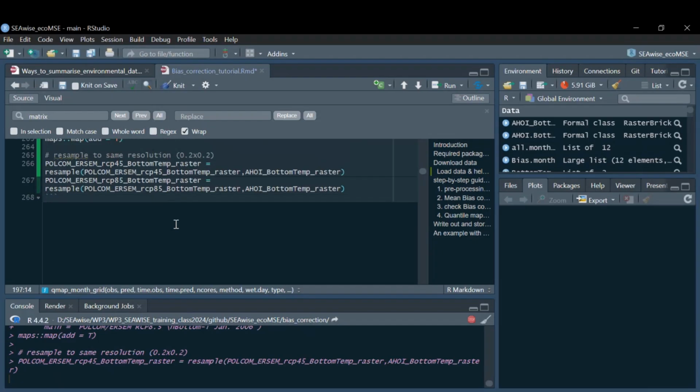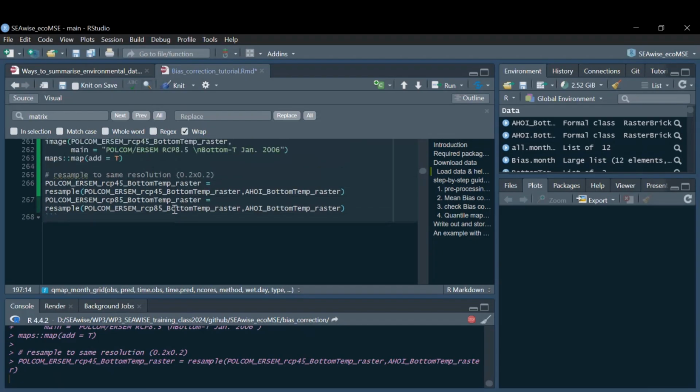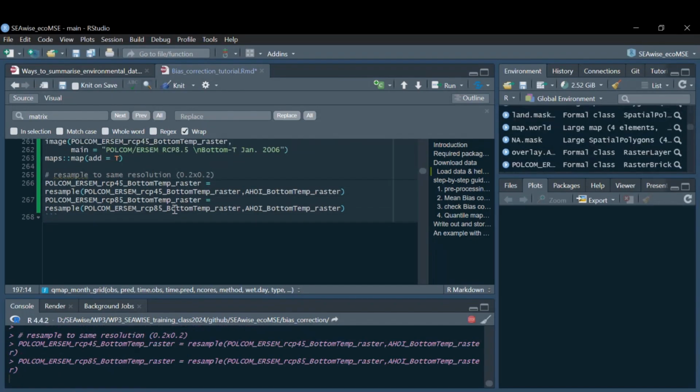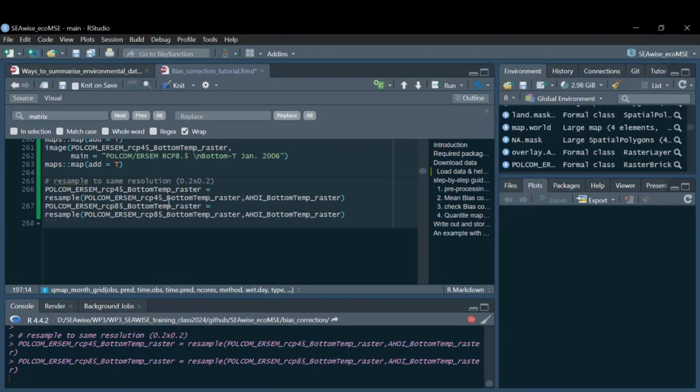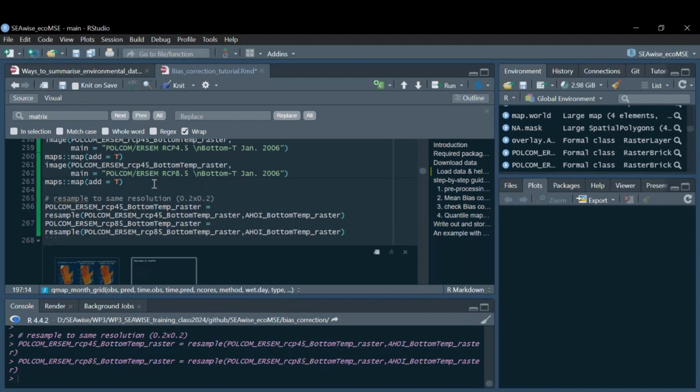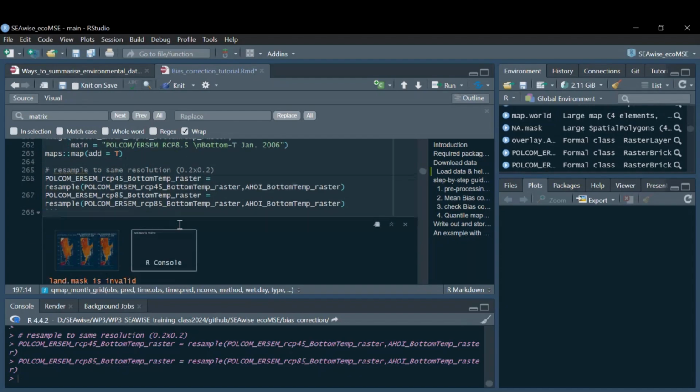I'll also resample it to the same resolution because the Polcoms-Ersem data has a bit higher resolution, 0.1 something, or maybe just 0.1. And the Ahoy data has a lower grid resolution, so I resample those to have the same resolution.